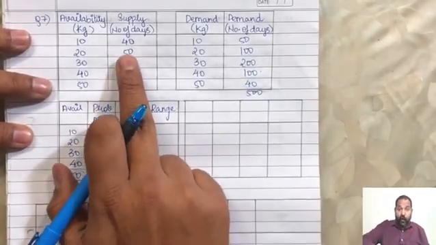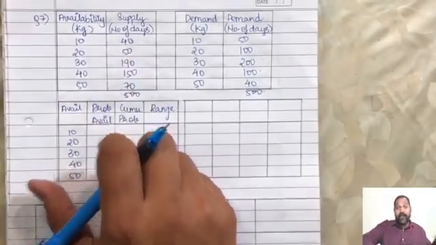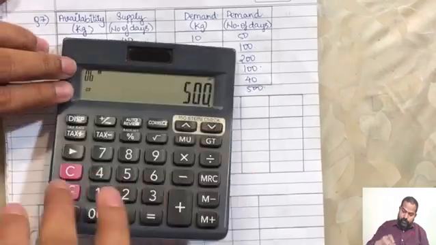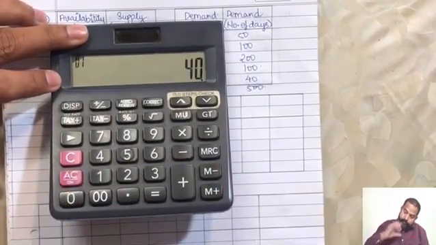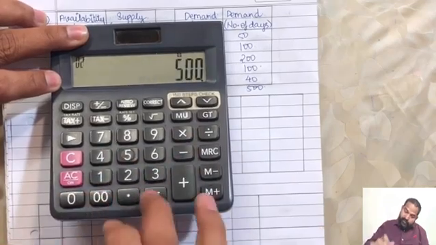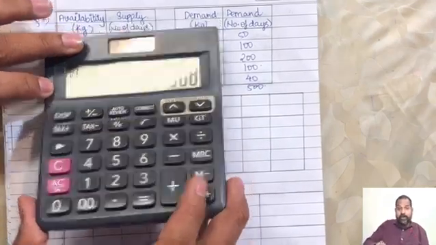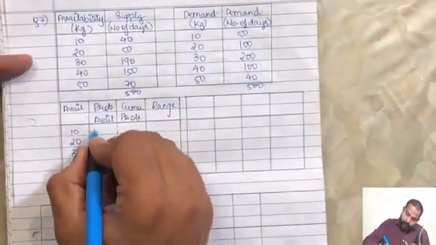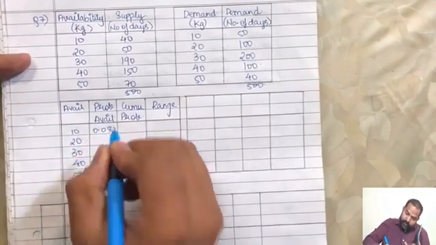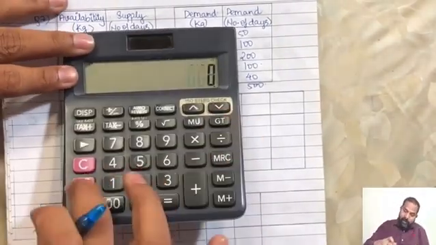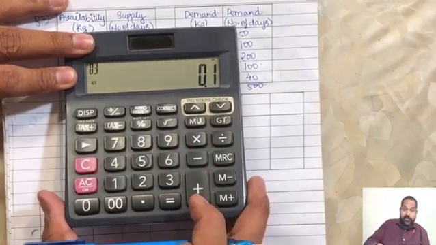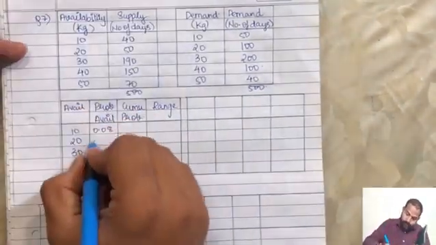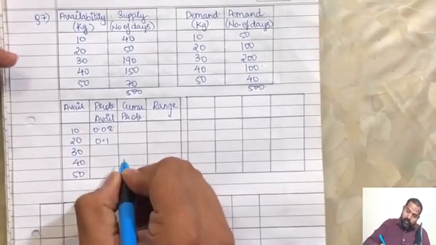Let's start. 40 divided by 500 is 0.08 or 8%, 0.08. 50 divided by 500 is 0.1. So 0.1.